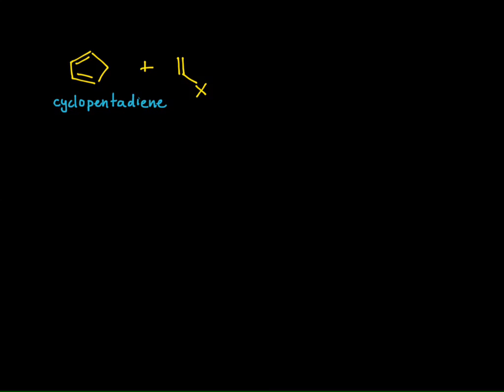When I react it with a dienophile, which I've labeled with some group X, it doesn't really matter what it is, and I draw out that structure, I'm still missing something. What am I missing? Well, I'm missing this methylene group right there. It's still attached to carbon 1 and 4, and so it's actually right here. The structure that I make in this instance is actually a bicyclic structure.